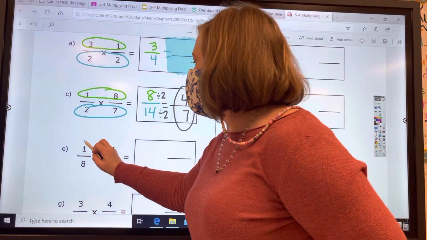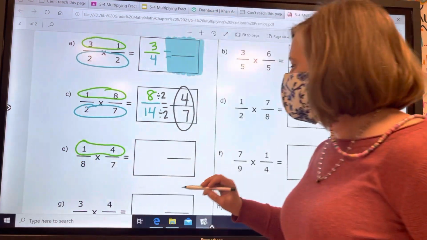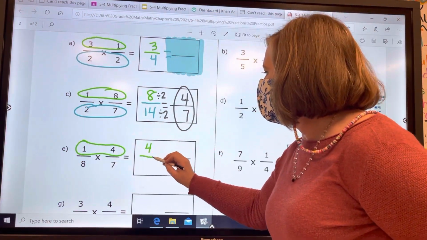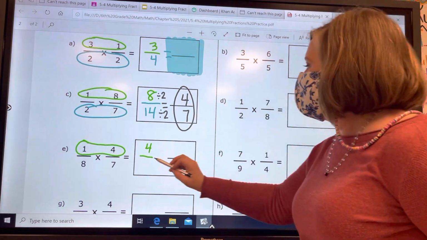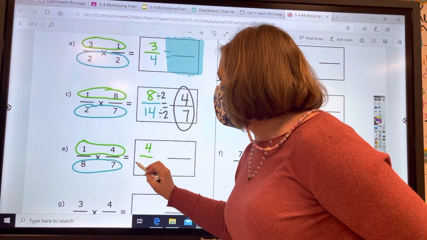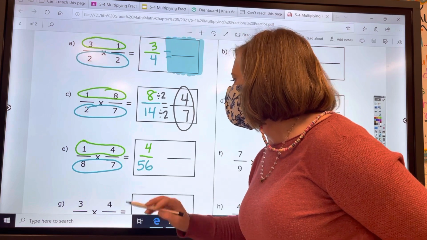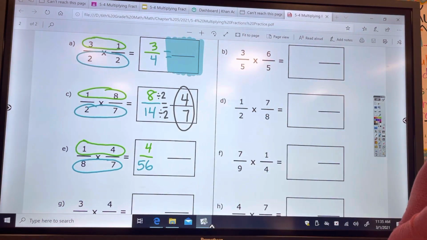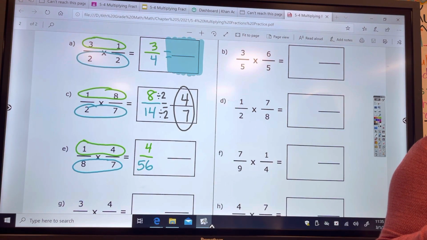Top times top. 1 times 4 is 4. 8 times 7 is 56. Now, what can I divide 4 and 56 by? 2.